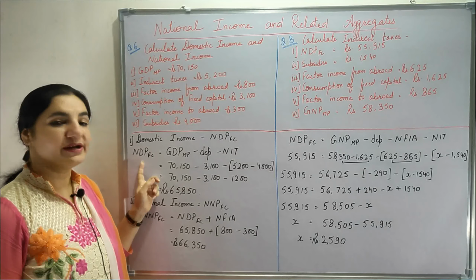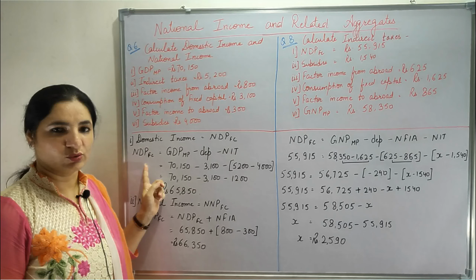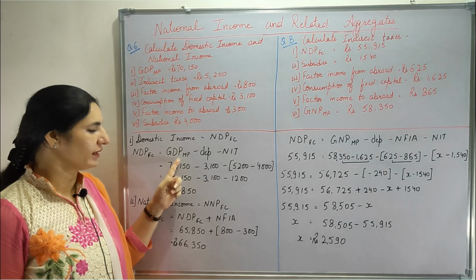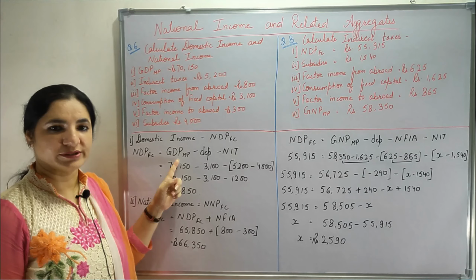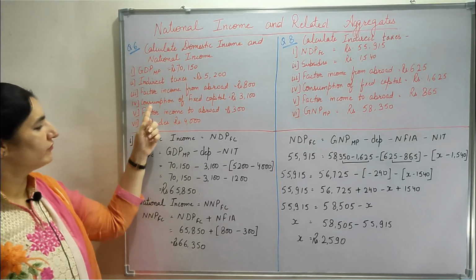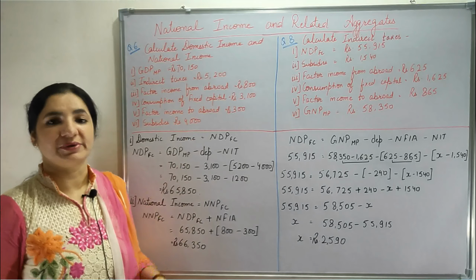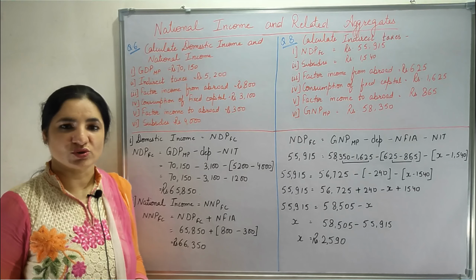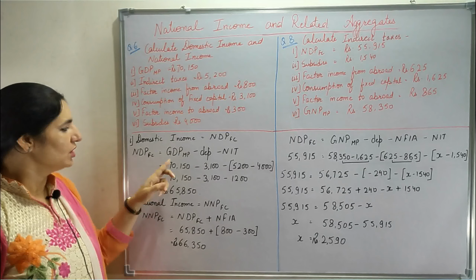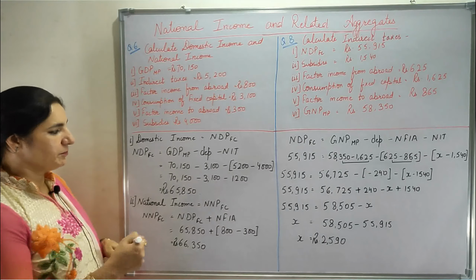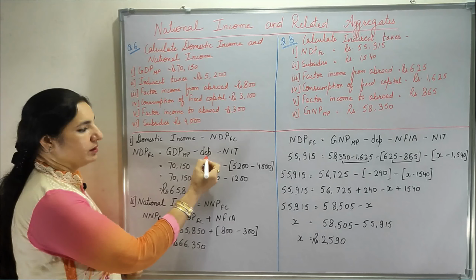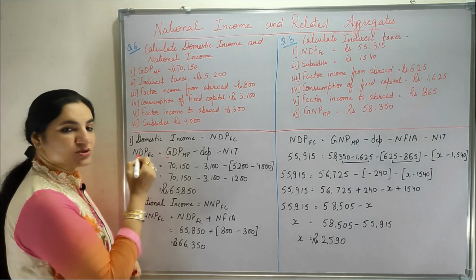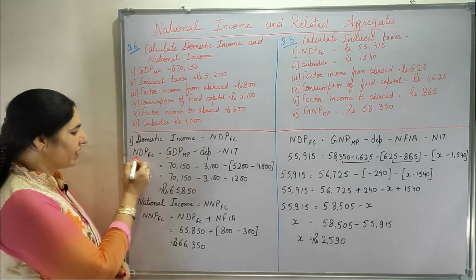Here NDP at FC is to be calculated from the GDP at MP and the other data provided to us. Here we are given consumption of fixed capital. This is a term which is also used for depreciation. So GDP at MP is always at gross. We need to arrive at net.